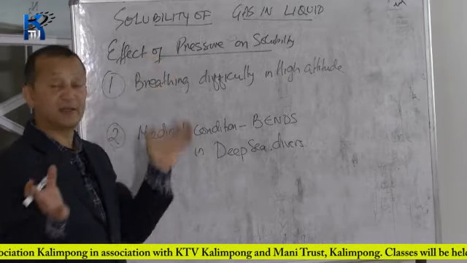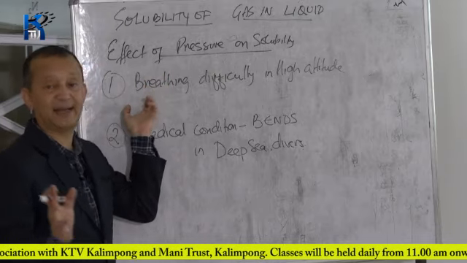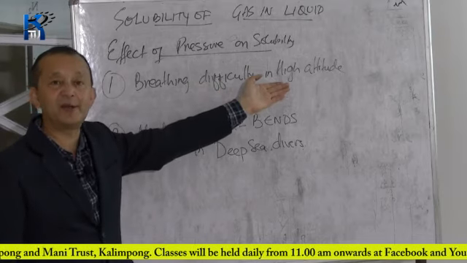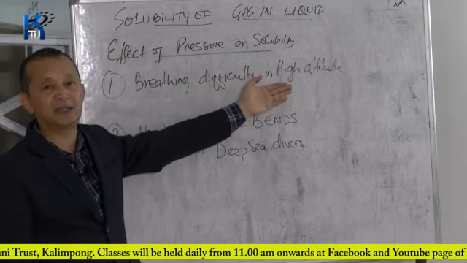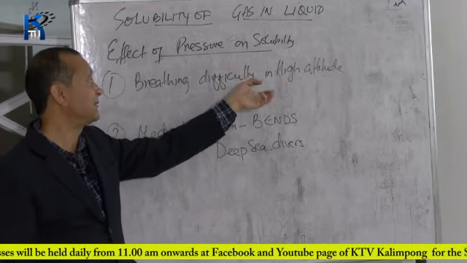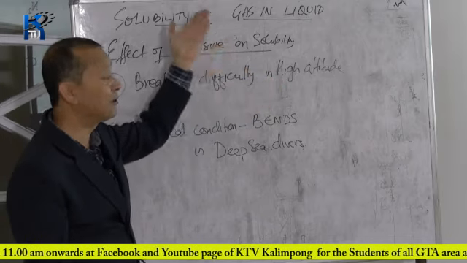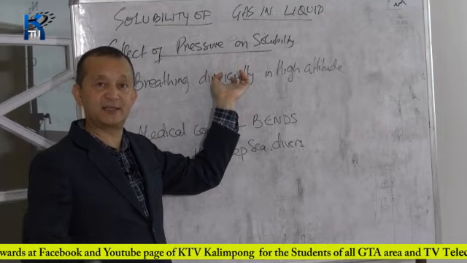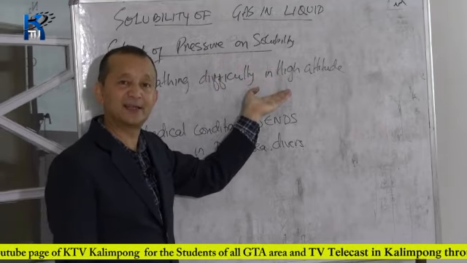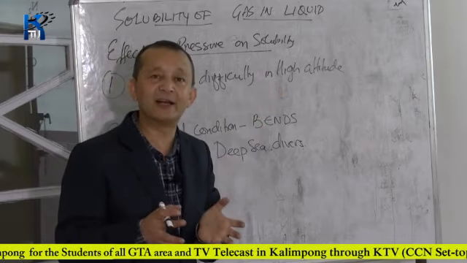Now, a day-to-day experience of this phenomenon, all of us have heard of or experienced. We have breathing difficulty at high altitude. When you are climbing the mountains, as altitude increases, the pressure of air, the pressure of oxygen, also decreases. So when the pressure of oxygen decreases, less oxygen will dissolve in our blood.